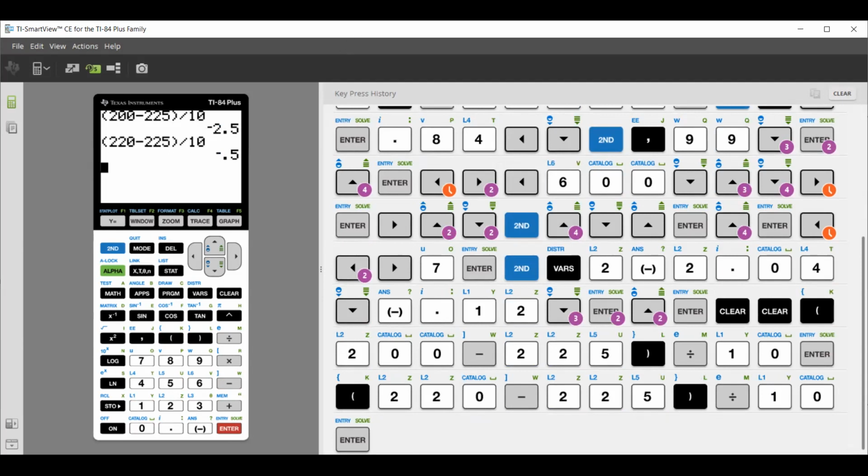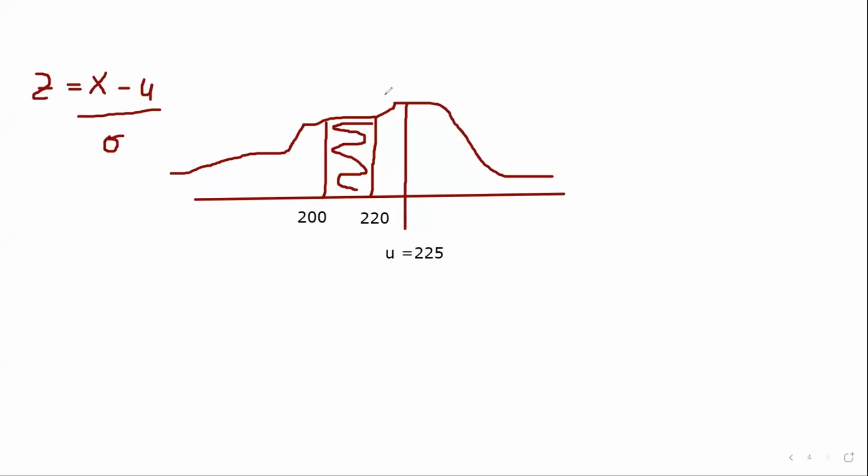So here we're going to have this is going to be z. z is a negative 2.5, right?